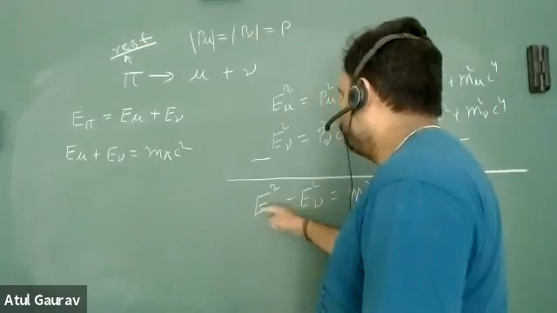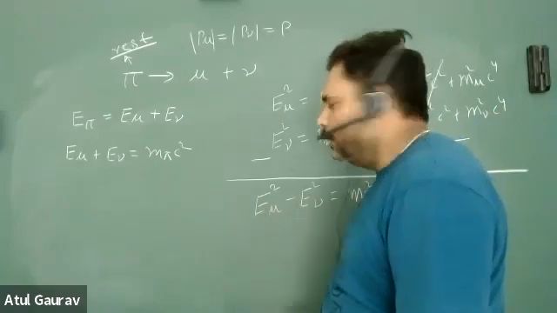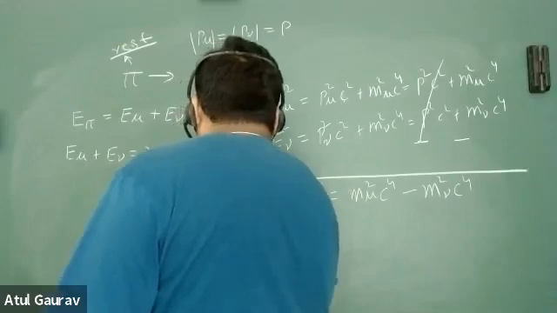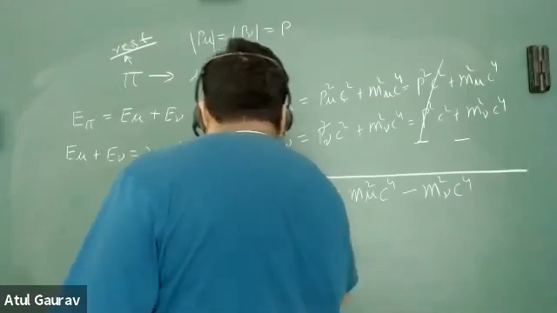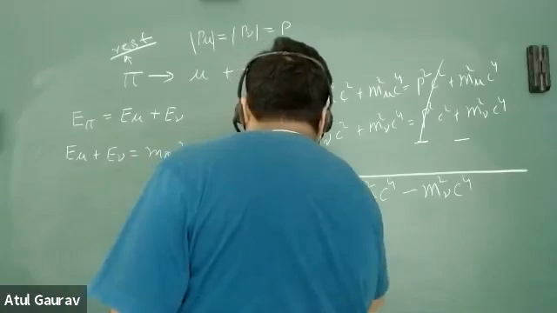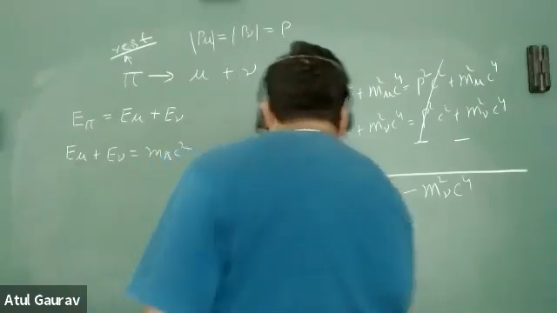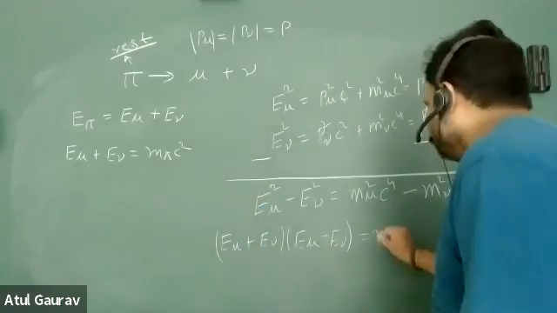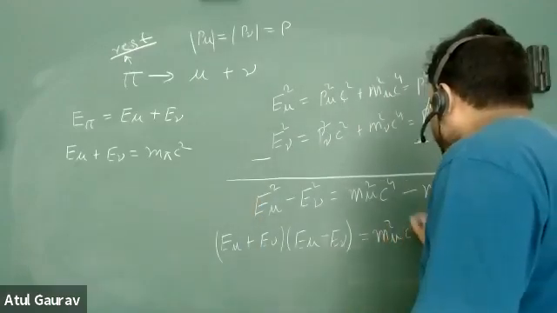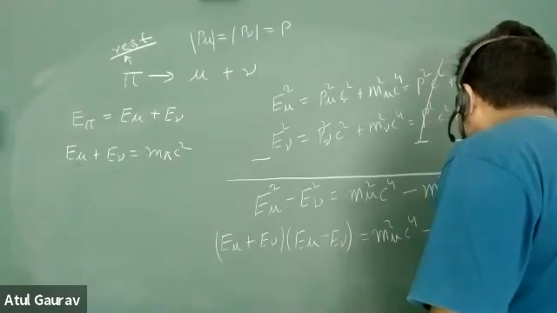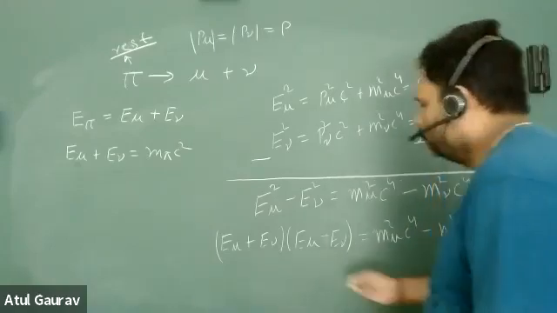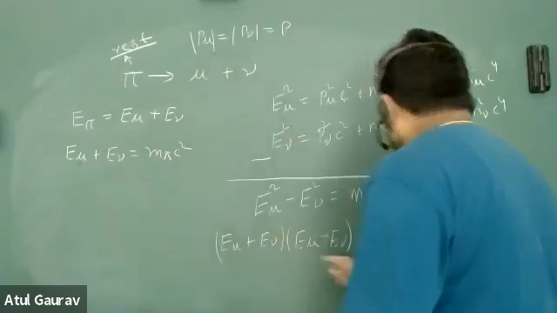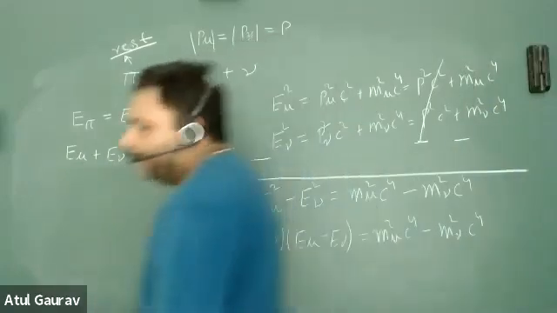Here again we can write A plus B into A minus B. So this equation can be written as E mu plus E nu into E mu minus E nu, and this must be equal to M mu square C4 minus M nu square C4, and again we have E mu plus E nu is equal to M pi C square. So we have the second equation.